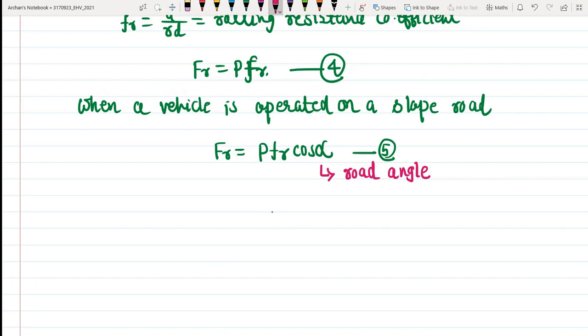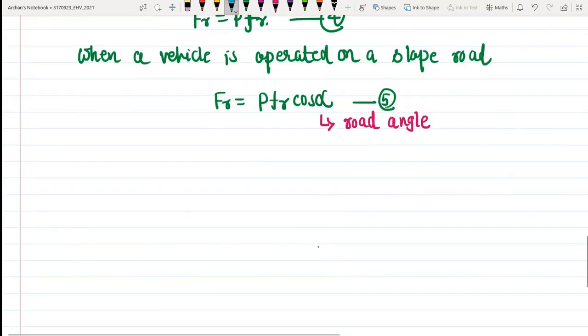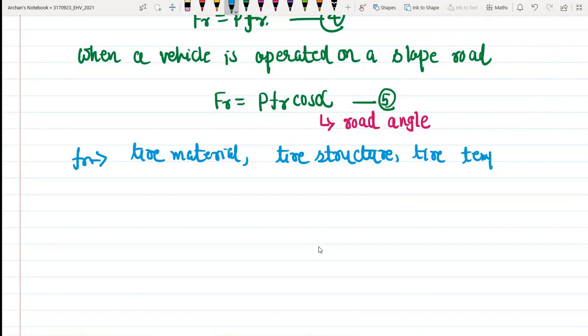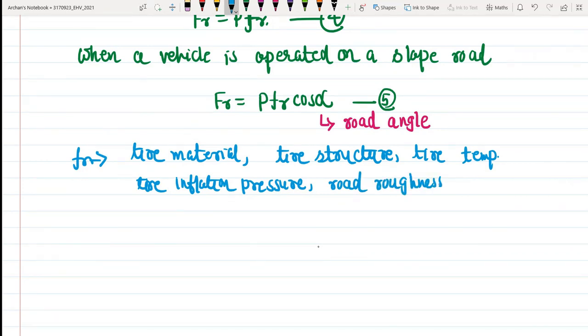So we need to consider all these parameters whenever we talk about fr, the rolling resistance coefficient.